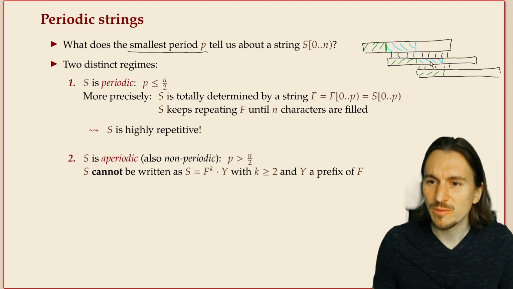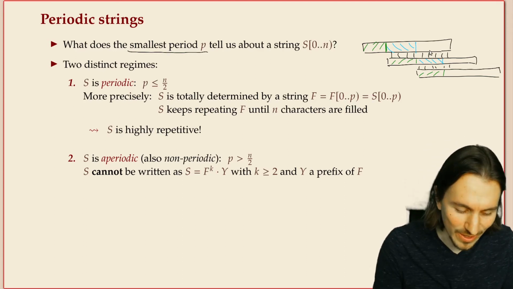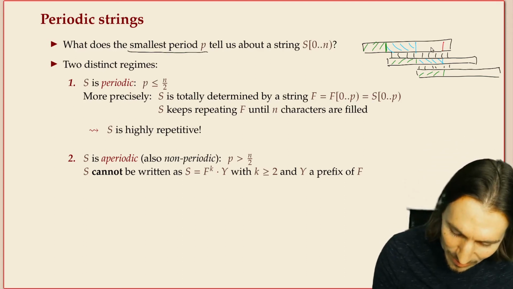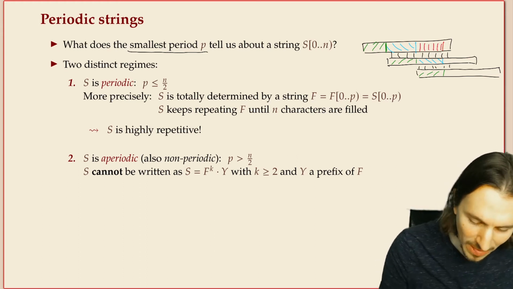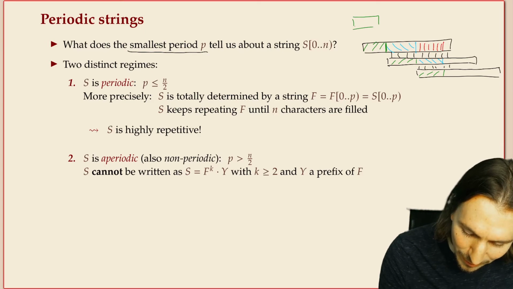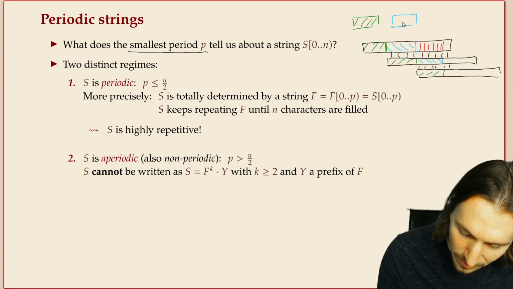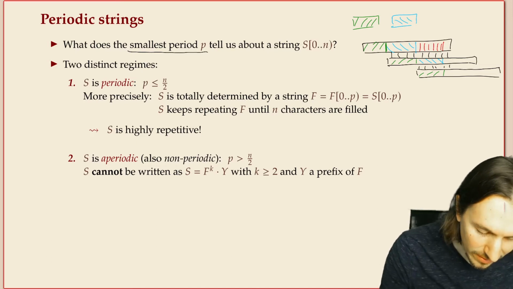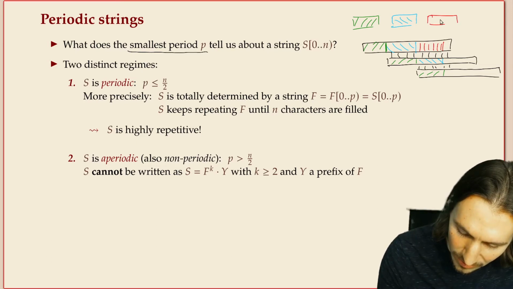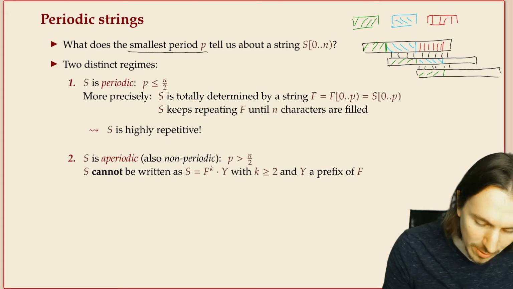But this has to be the same as this, and this has to be the same as this. So also this third repetition is all the same. So graphically speaking, this and this and this, these are all the same strings.